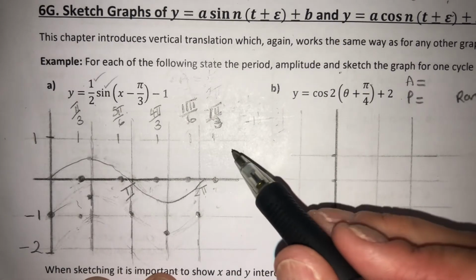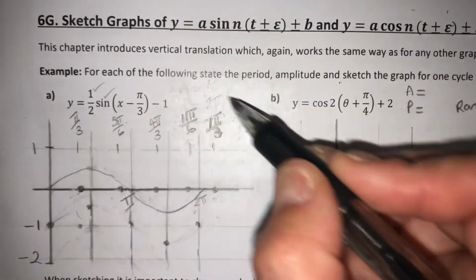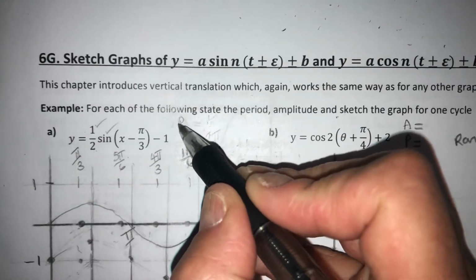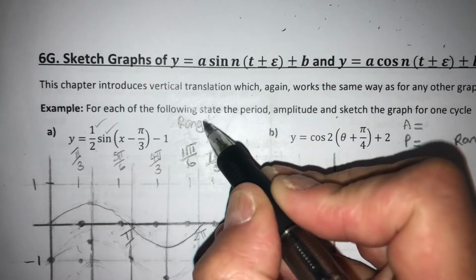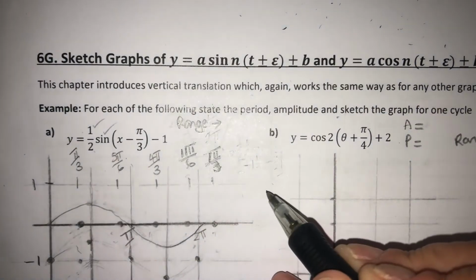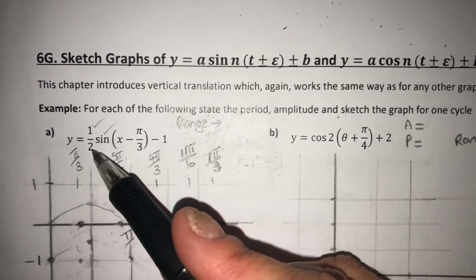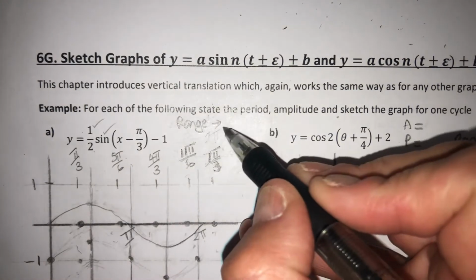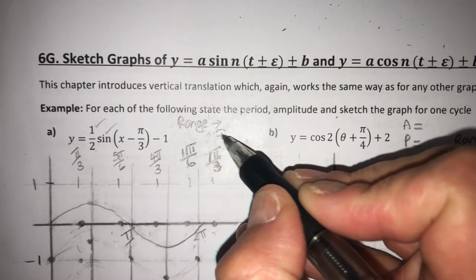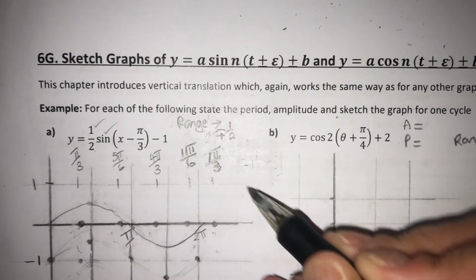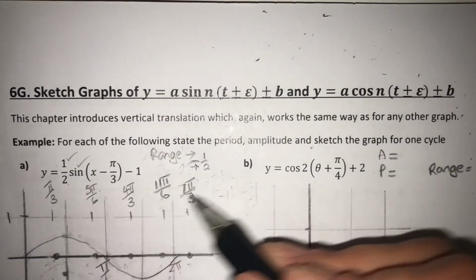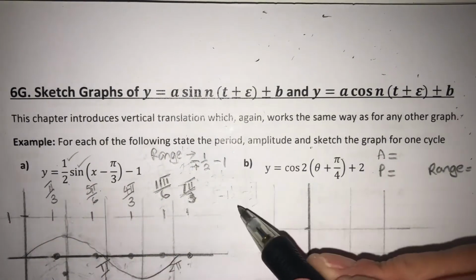Now you could have thought about the range, what I was just talking about, and I will actually show you that. The amplitude is a half, which means you go from negative and positive a half, and we're going to end up subtracting 1 from that.